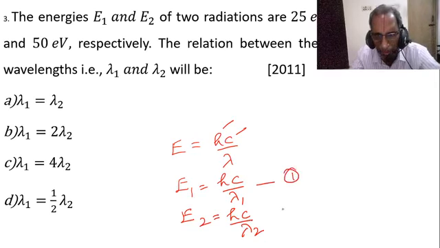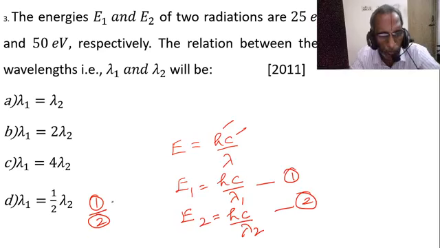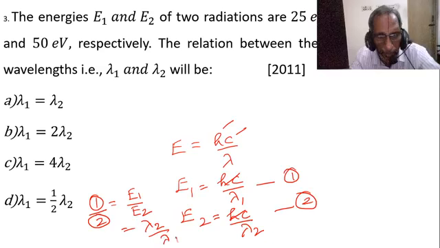Everybody please listen, it is nothing. You have to divide the equations. Equation 1 divided by equation 2 gives, on the left side, E1 by E2 is equal to hc gets cancelled, lambda 2 goes to the numerator. So the effective relation is E1 by E2 is equal to lambda 2 by lambda 1.